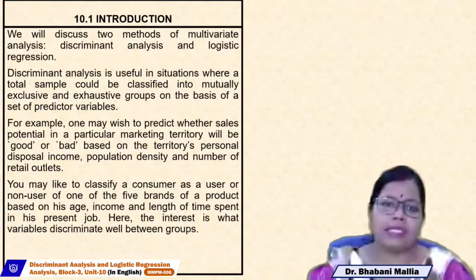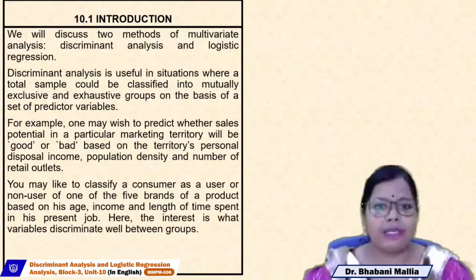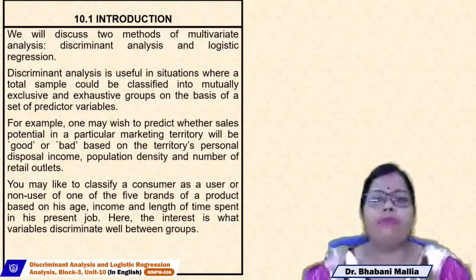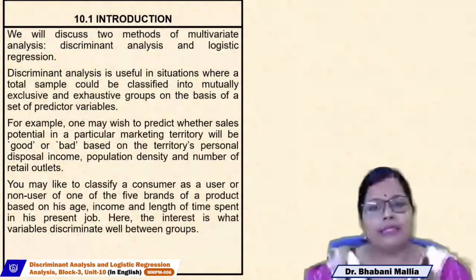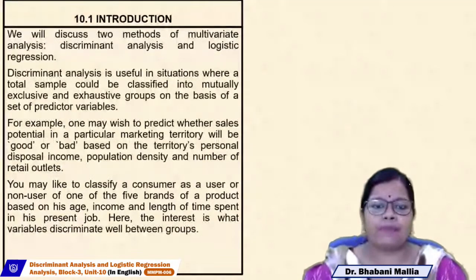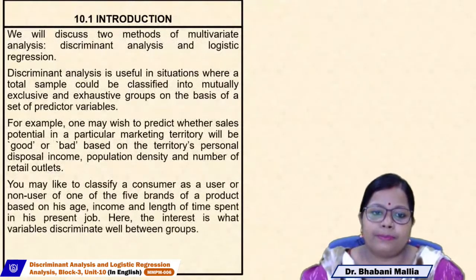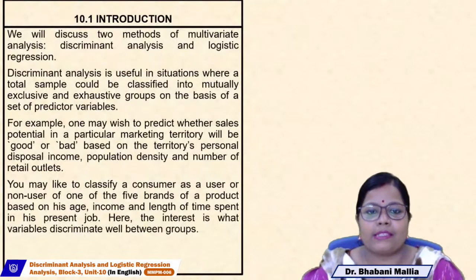So if there are two sets of people, success and failure, they cannot overlap with each other. We cannot say the same person is a success in the same game or same situation as well as a failure in the same situation. It is not possible. So this is the meaning of mutually exclusive. Mutually exclusive means there are no common points or no union between two sets of objects, aspects or persons.